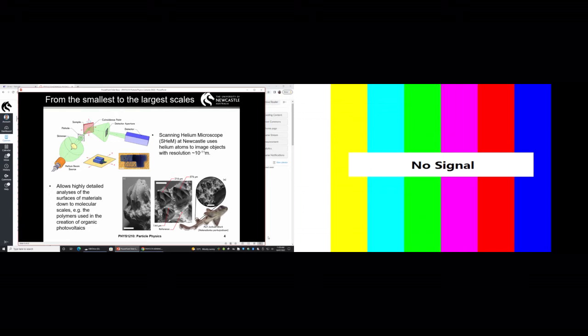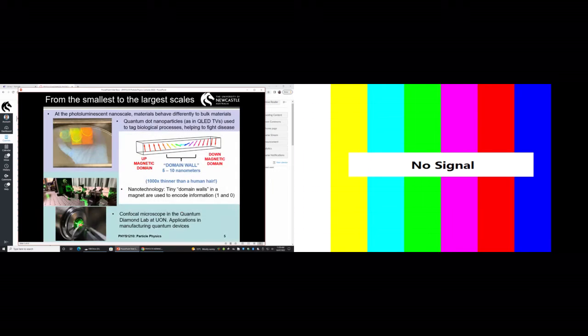And it's done using helium, because using helium makes it a non-destructive process compared to certain materials, certain samples, which you might damage by shining light onto them. So there are some images down at the bottom of what you get if you look at a shark's fin through this. So this is really looking down to some of the smallest scales that we can see, and you can image down to the molecular scales with this.